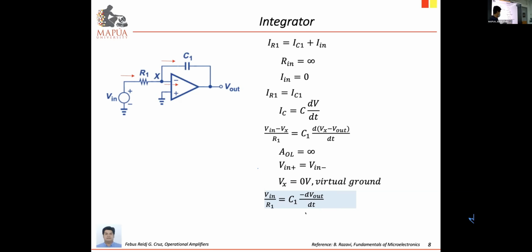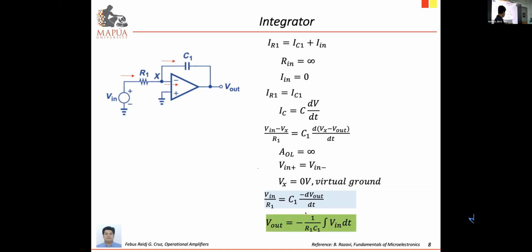So normally, using this equation, may mas-solve ka na dyan, no? You can approximate the result at the output. Okay, given the change in the input, you can determine the possible change in the output voltage given the input voltage. Or if you like to further express it in terms of Vout, you can integrate both sides. Alright, para matanggal yung derivative natin. No?